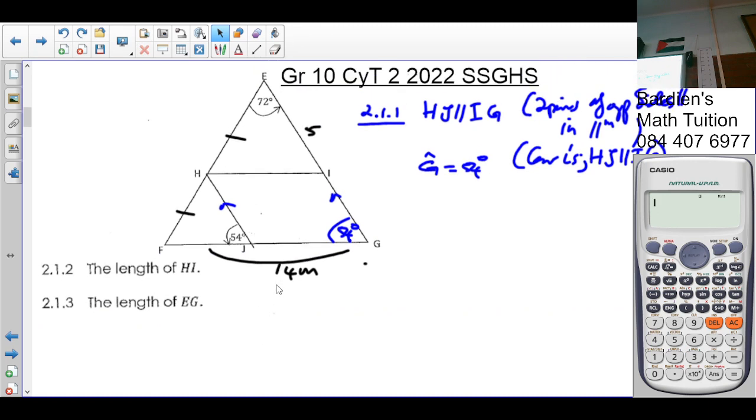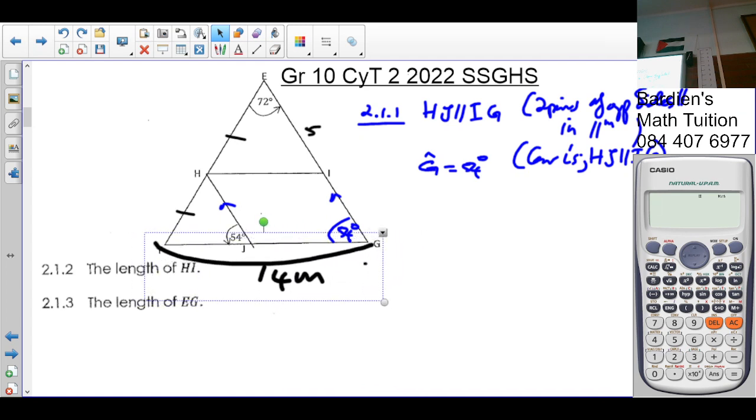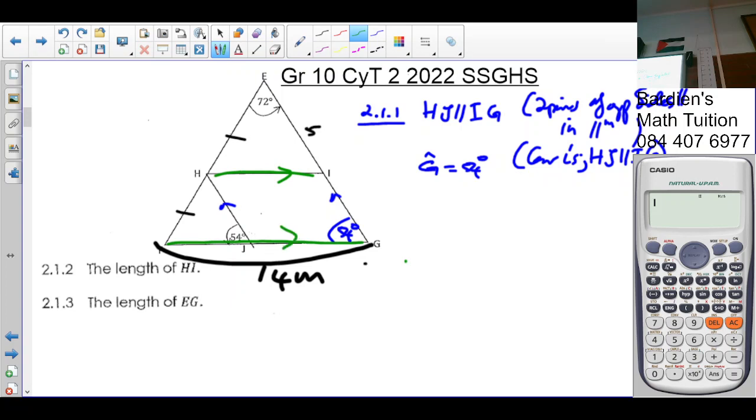The next one says the length of HI. So we're looking at the length of HI. We know that the midpoint theorem is going to come into play. Not so. So if that is equal to that, as given in the other diagram, and this length here is parallel to that length, then HI will be half of GF.